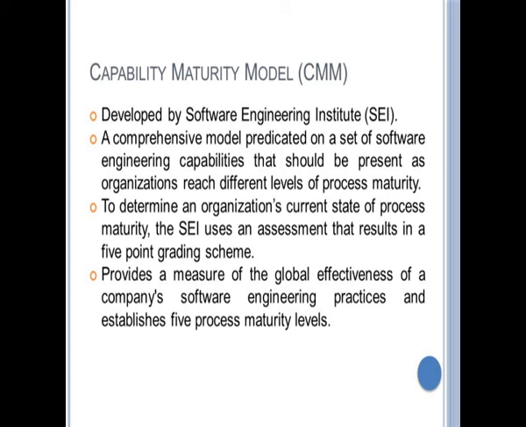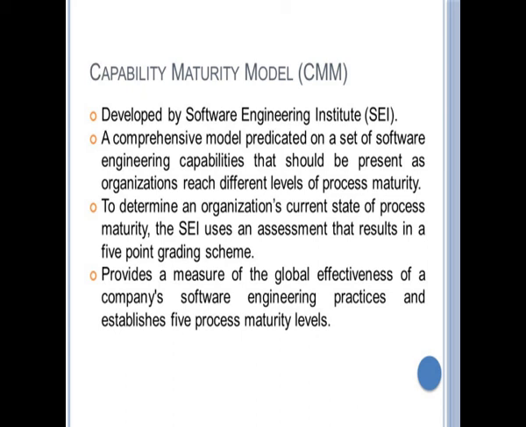There are 5 levels for this capability maturity model in CMM. This provides a measure of the global effectiveness of a company's software engineering practices and establishes 5 process maturity levels. Let's understand these maturity levels.